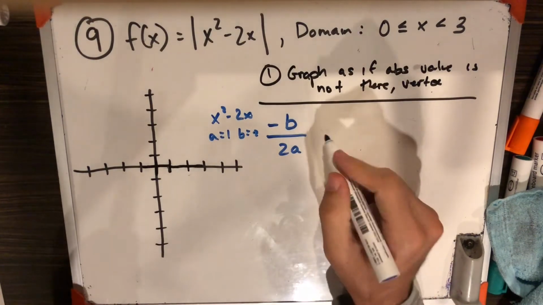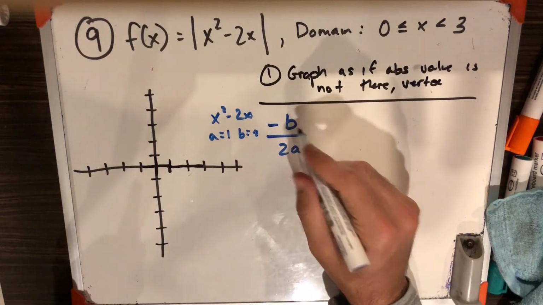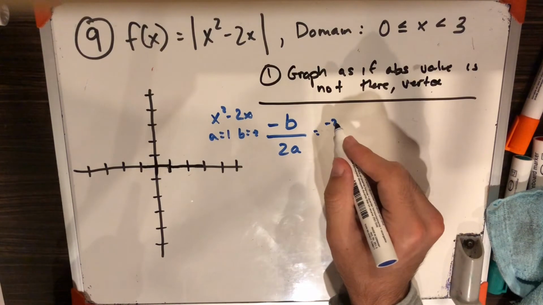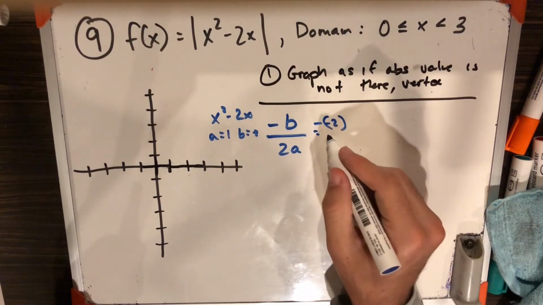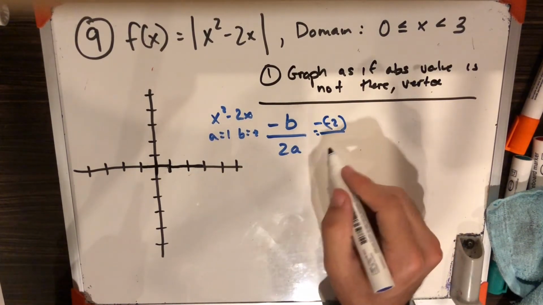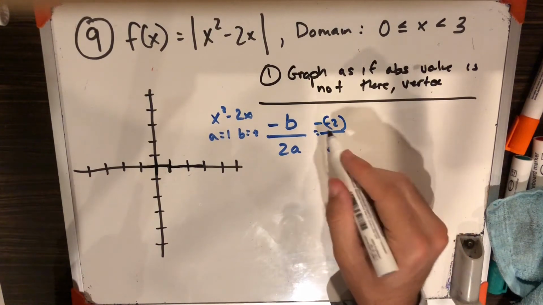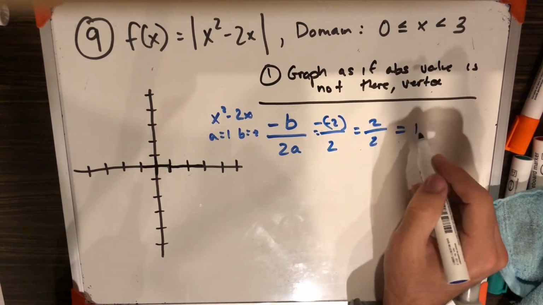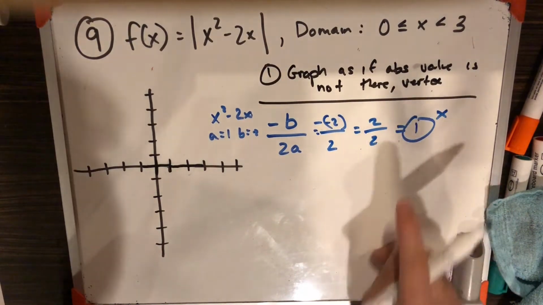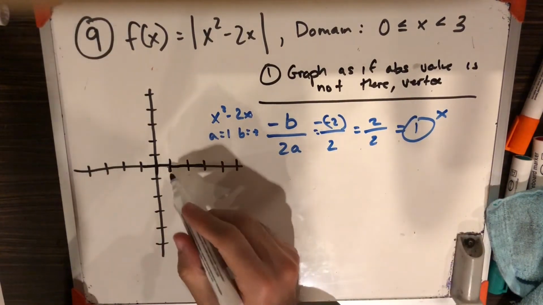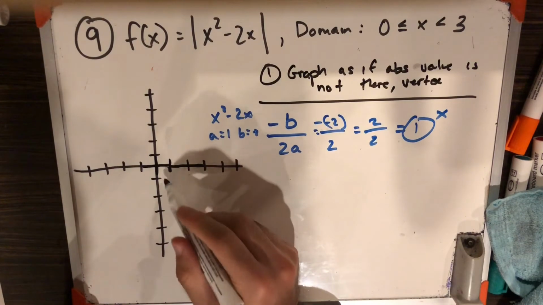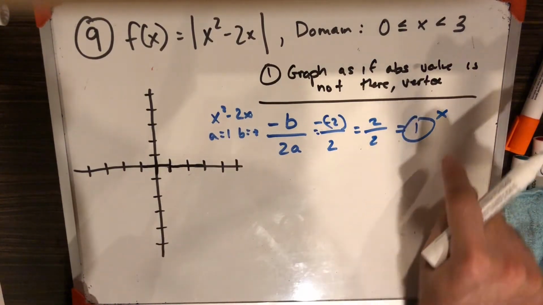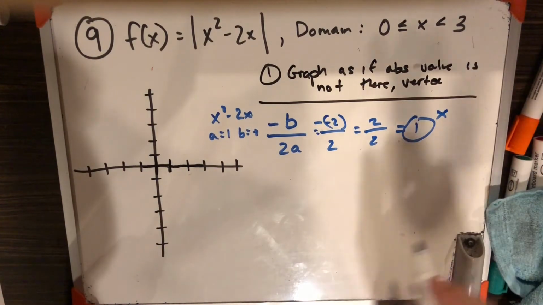So I'm going to plug in negative 2. Well, when I plug in negative 2 here, I end up getting negative 2 and negative on the outside. 1 ends up being 2 here. Okay, negative and negative, that becomes positive, so all I have is 2 over 2, which is just 1. So right now I have the x portion of my vertex. Again, that's going to go right around here somewhere, right? I need to find the y portion of my vertex, right?